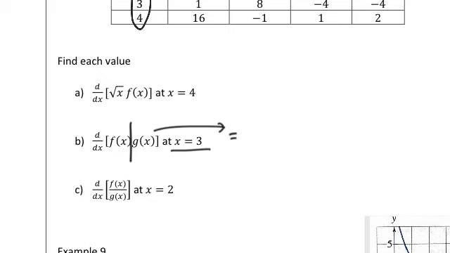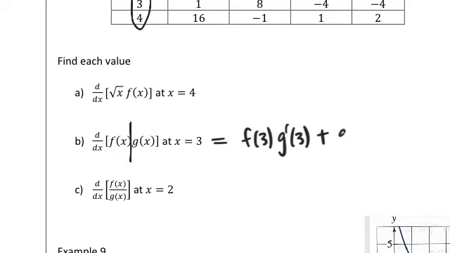So you can say this is equal to f of 3, g prime of 3. Really, I should put it this way. This whole thing, the derivative of the product at x is equal to 3, is equal to f of 3, g prime of 3 plus g of 3, f prime of 3, right? So it's the product rule written at the point 3.